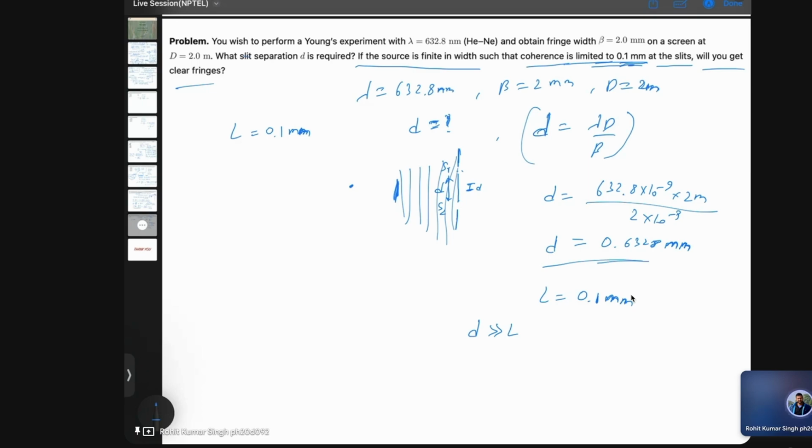After that they are incoherent, and since our two slits are separated by a larger distance, the wavelets emitted from them will have a different phase relationship, and they will not be coherent. So this is a different problem.